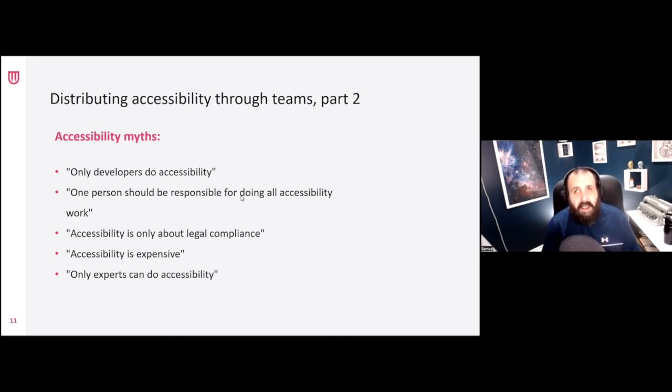Content creators need to know how to write alt text and how to write content that is accessible to everyone. Project managers need to have a good idea of how accessibility will change their timelines, how it will be measured, how it will be benchmarked. And so if we all take on the little pieces of learning and knowledge that we need in order to create accessibility, we'll find that accessibility isn't a huge knowledge lift, and it doesn't require us to develop entirely new expertise.